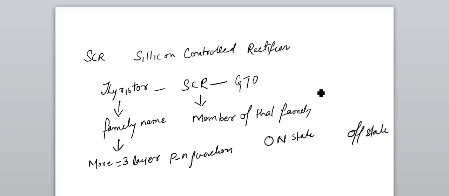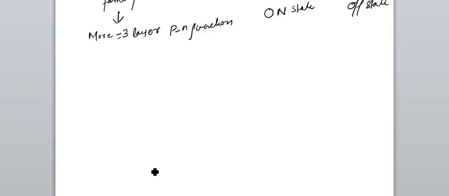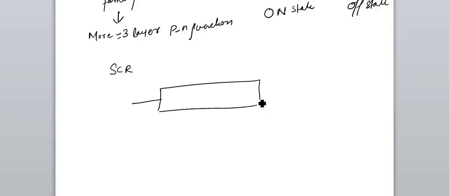So this is our thyristor. Let us discuss SCR. So basically SCR is a four layer PN junction, and has three terminals.